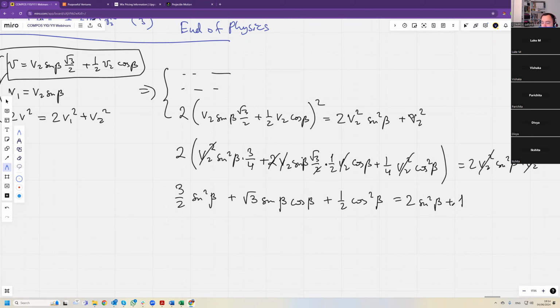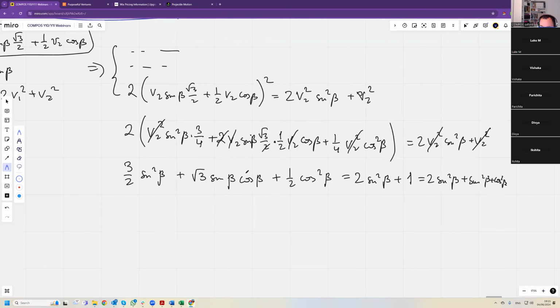And here I'm going to do a trick. I'm going to replace 1 with sine squared beta plus cos squared beta. There's going to be 2 sine squared beta plus sine squared beta plus cos squared beta. Okay, looks scary, but bear with me. All right, so this is 3.